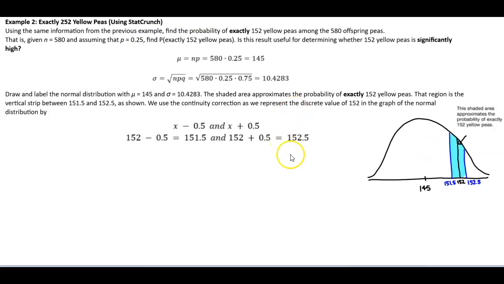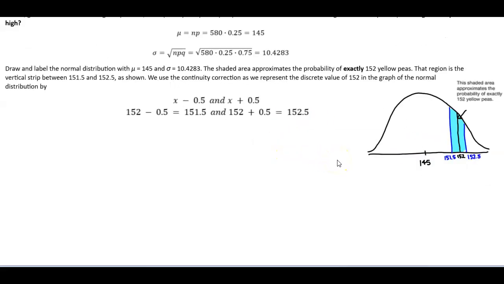Now we need to convert 151.5 and 152.5 to z-scores, because now we're creating the z-scale. So we're looking for a z-score 1, z1, and then z-score 2. We know that the mean of z-scores is always 0 with a standard deviation of 1.